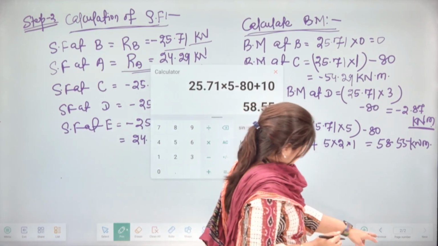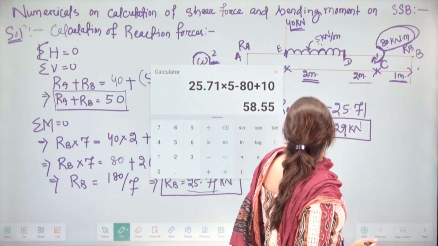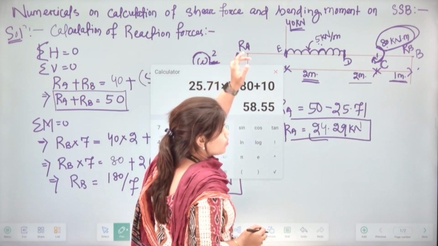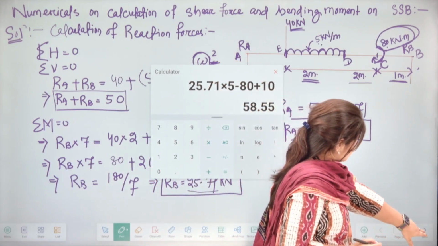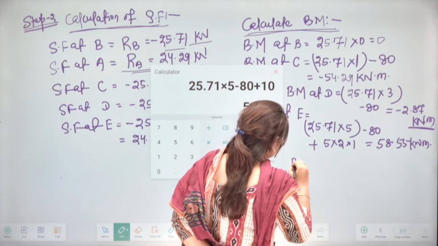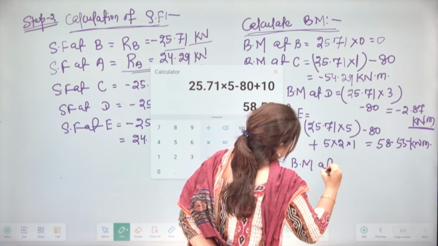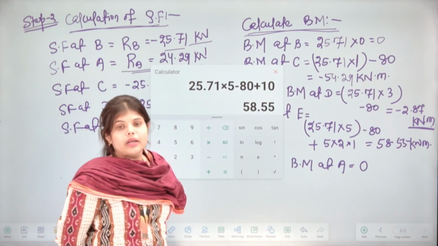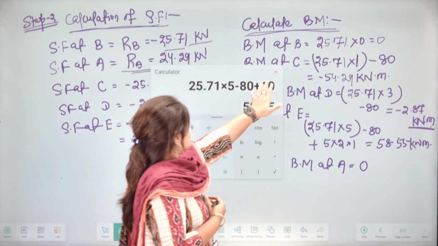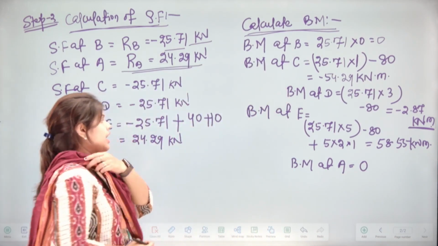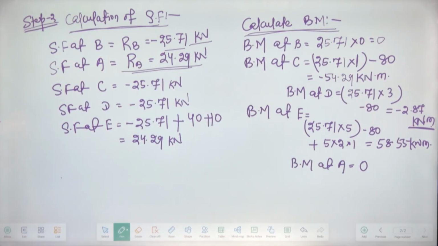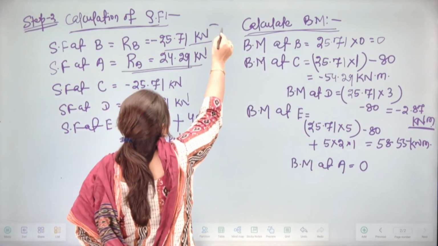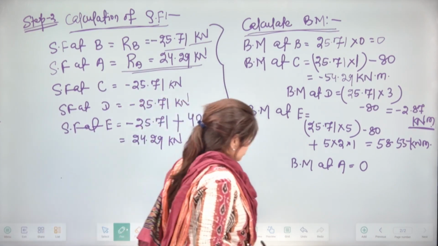Now always at end supports we have the bending moment 0, so bending moment at A is 0. Now we have the shear force and bending moment. Let's draw the shear force and bending moment diagram by using these values.